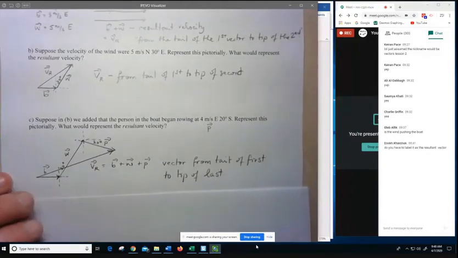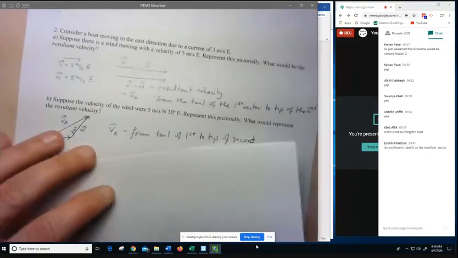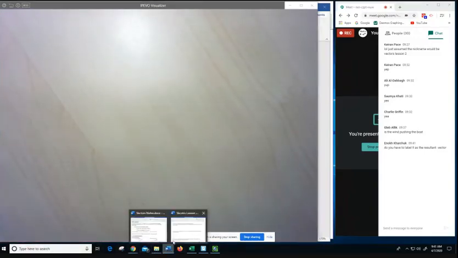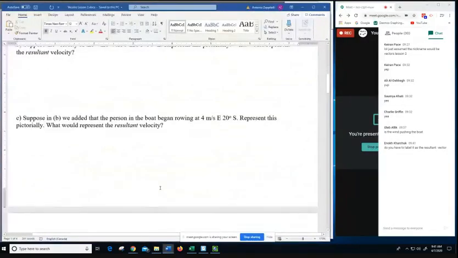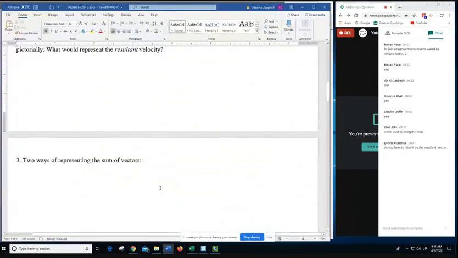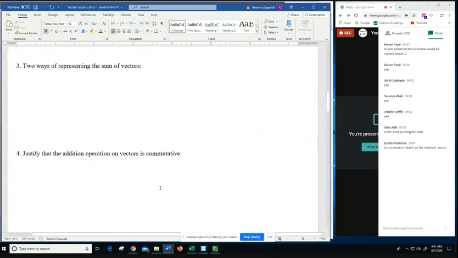All right. So let's consider perhaps another way of looking at this. All right. So let's bring up our worksheet again. And here, do you have to label it as the resultant vector? Again, your diagram is going to be mostly used to solve a problem.